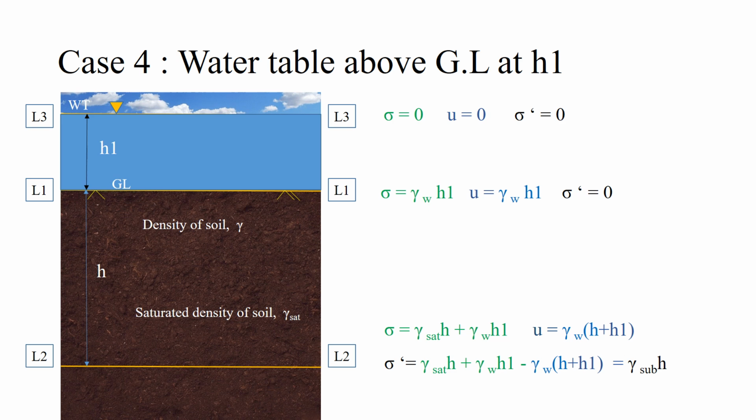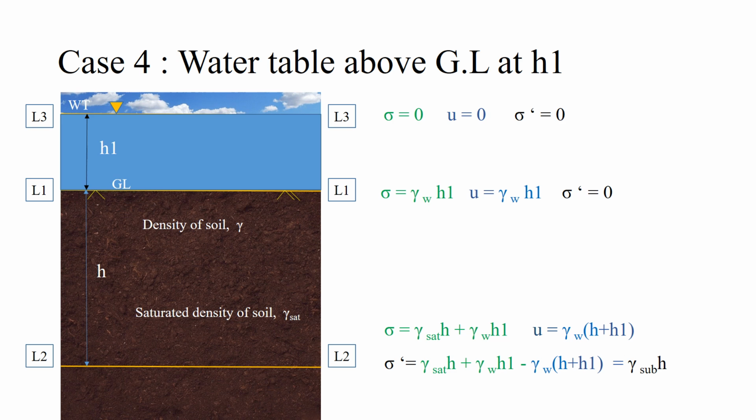At level 2, the total stress is obtained as gamma saturated into H, that is when we are considering the soil part, plus gamma W into H1 when we are considering the water component. The pore water pressure is obtained as gamma W into H plus H1.